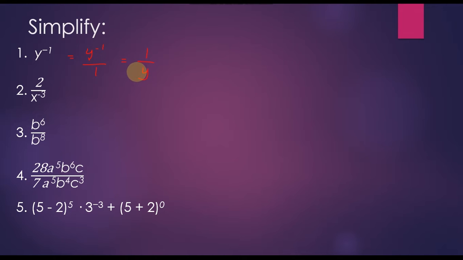So that will be your hint in solving negative exponents. If you have a negative exponent in the numerator, you just put it in the denominator to make it a positive exponent, and vice versa. Look at example number 2. 2 over x raised to negative 3 is equal to, as you can see, the negative exponent is in the denominator.